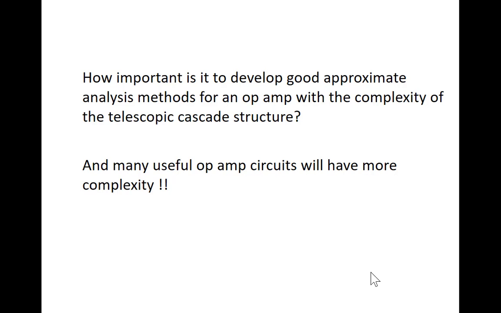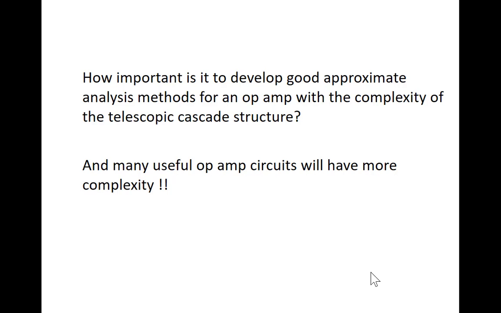We've got a question here. How important is it to develop a good approximate analysis method for an op-amp with the complexity of the telescopic cascode structure? We wrote down its gain characteristics by inspection. I think Miss Elva, in fact, gave us the gain expressions for this device.